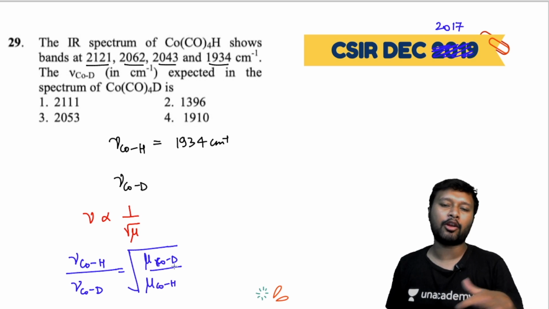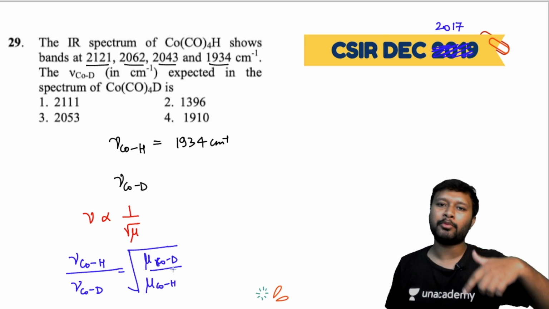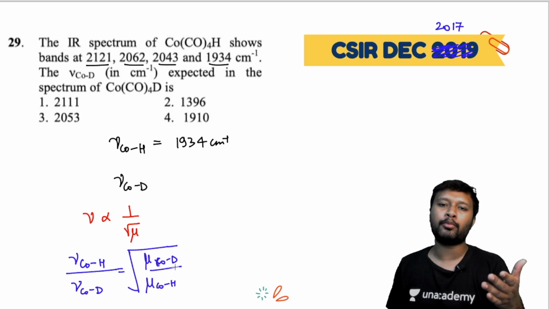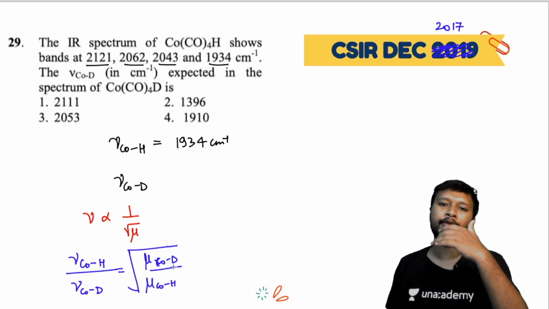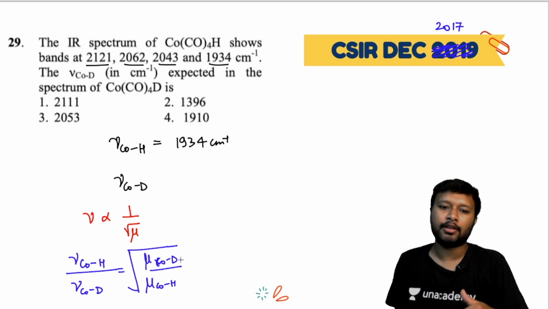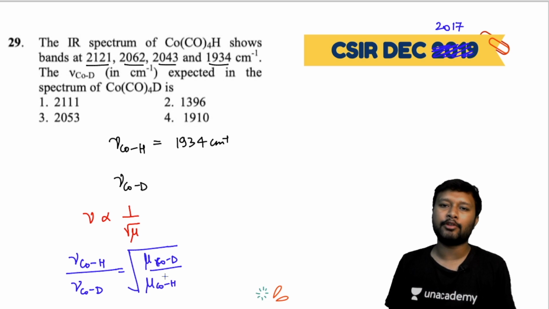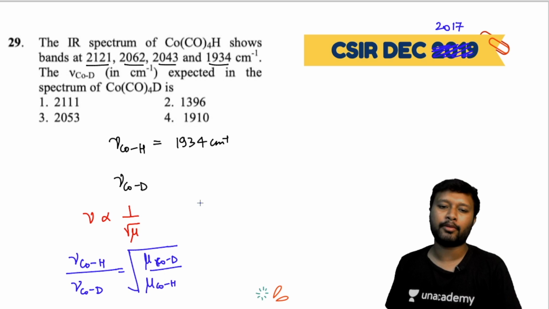So you can neglect the denominator terms, and you will only have M1 into M2 divided by M1 into M2, where M1 is the mass of cobalt, and M2 is the mass of deuterium in the numerator and the mass of hydrogen in the denominator. So basically the mass of deuterium is 2, the mass of hydrogen is 1. If you put everything in, you will just get root 2. I am telling you an easy, approximate way to approach this.